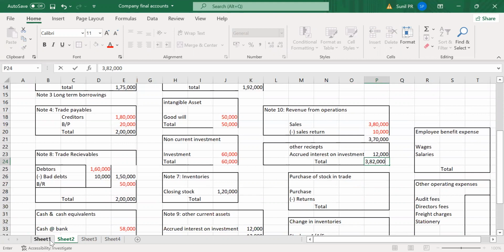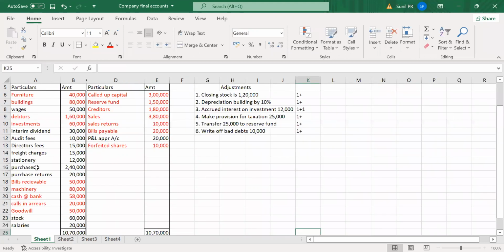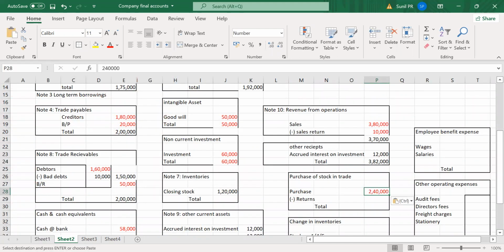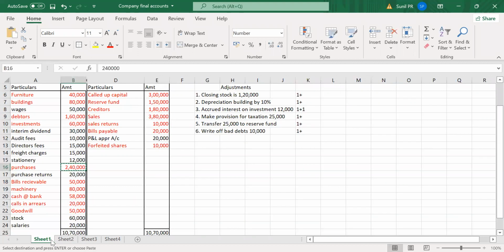So now go back to the problem. Purchases, you will find it. Purchase, take 240, is there. Put it as purchases. There is no purchase return, sir. The next only it is there now.